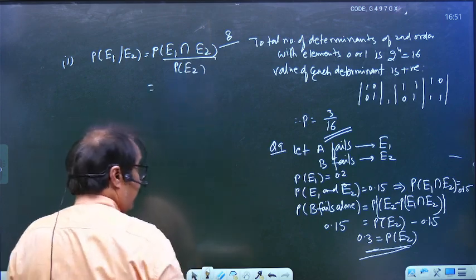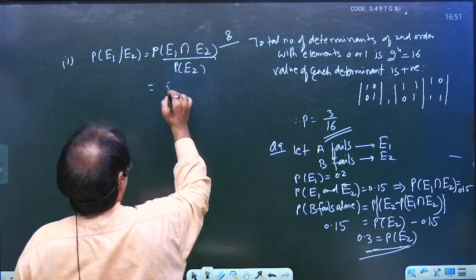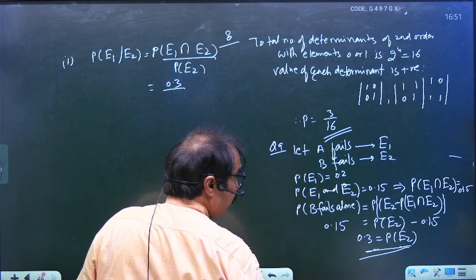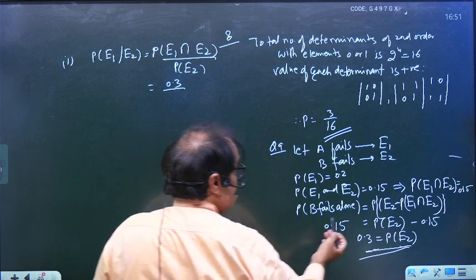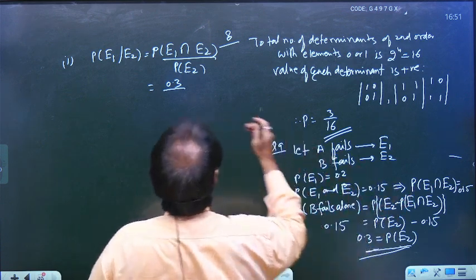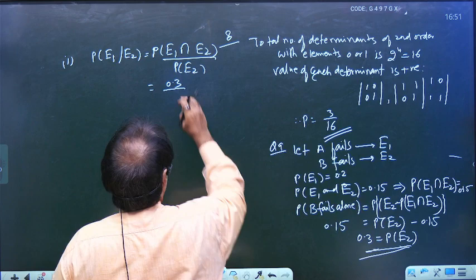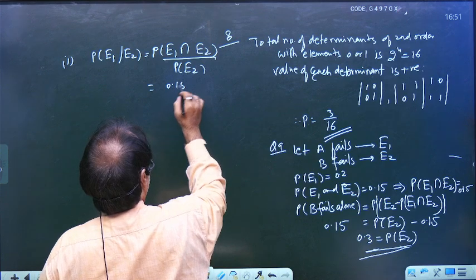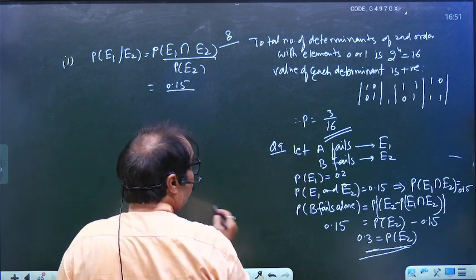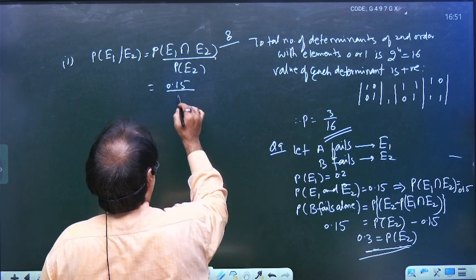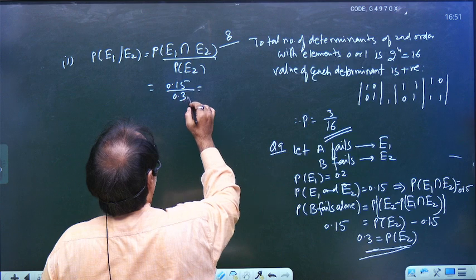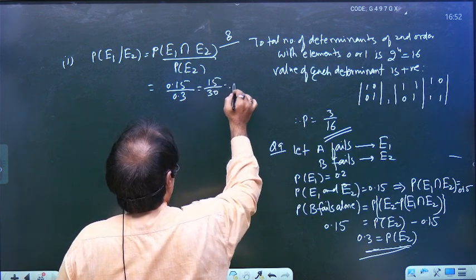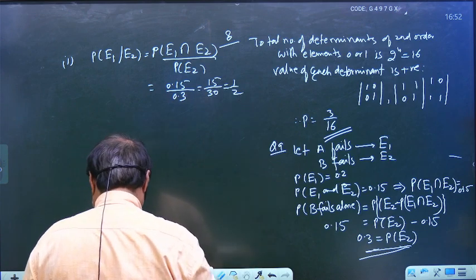E1 intersection E2 is 0.15, and probability of E2 is 0.3. So it means 15 by 30, that is 1 by 2.